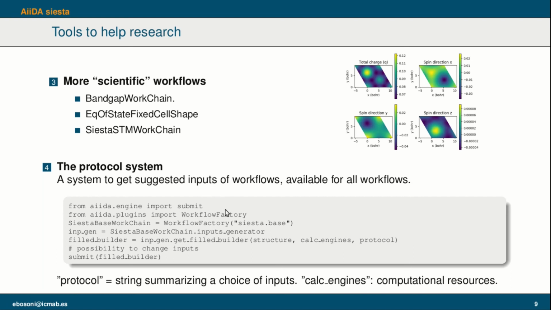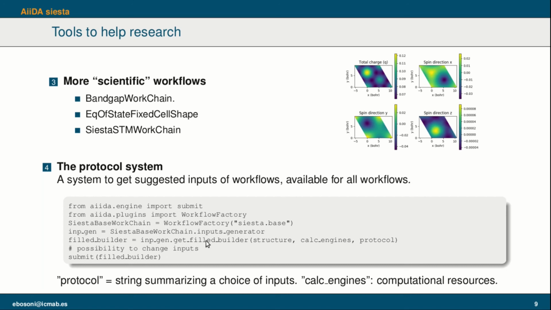So what we offer is a way to obtain inputs, so to call an input generator that generates inputs based on a structure, the computational resources passed, and a string summarizing a choice of input. So this means that if you know that you have some set of inputs that are going to work for the system you want to study, you can create a protocol where you list all these inputs, and then you can forget how to define the input using data types, and just call this function.